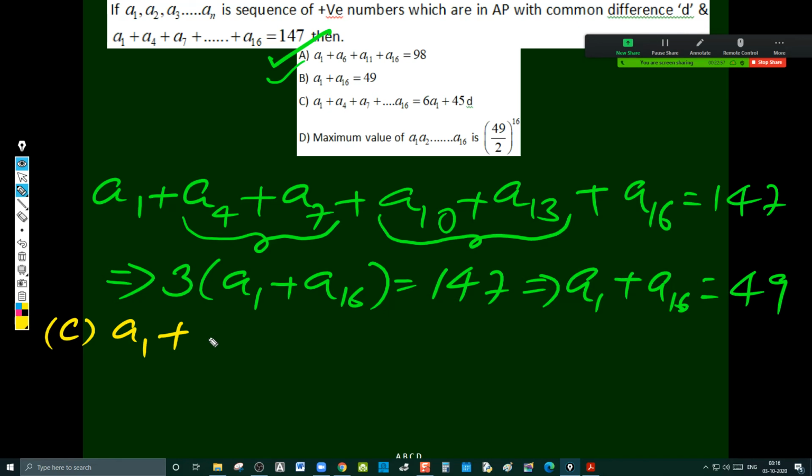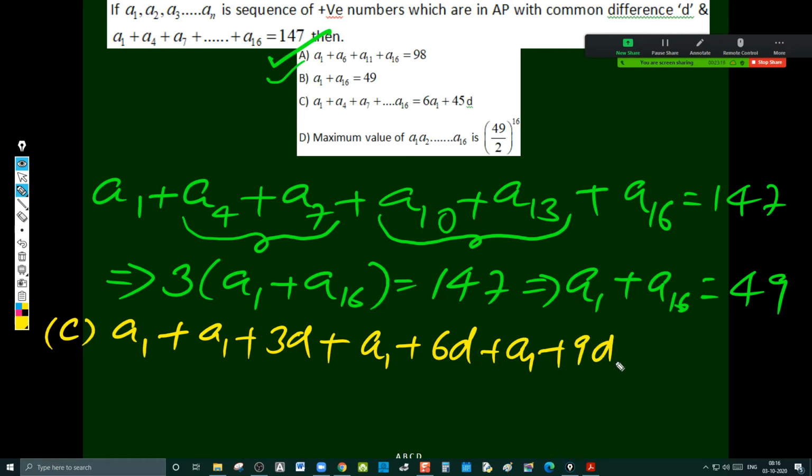plus A4 means write the general term formula A plus N minus 1 into D for A4, that is 3D. Next, A plus N minus 1 into D, 6D. 9D.